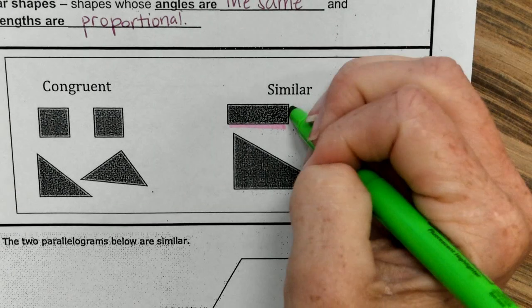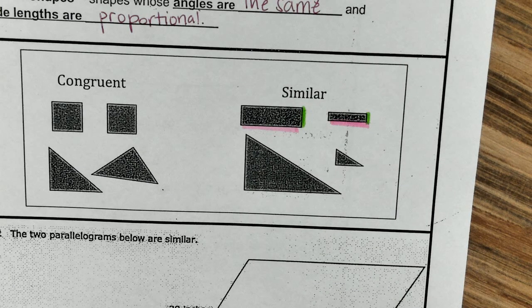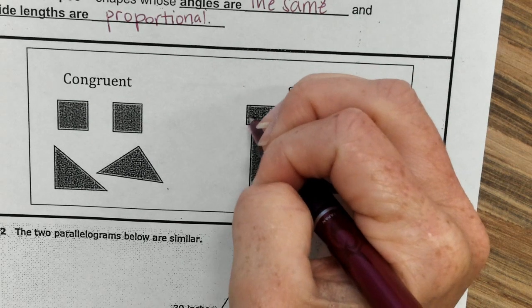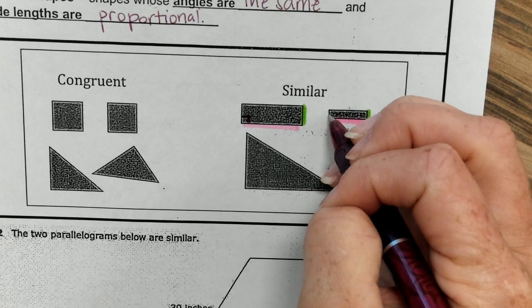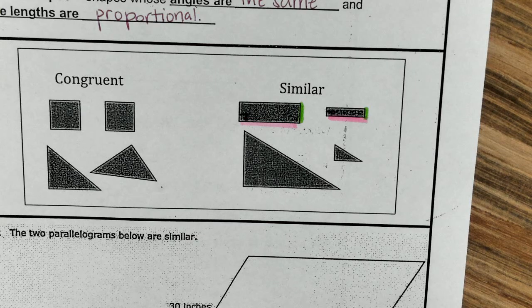And this side corresponds with this side. Notice that their angles are what? They're the exact same. If you change the angles, then the shape changes. This angle right here is a 90-degree angle. Therefore, this angle is also a 90-degree angle. So when you have similar figures, their angles have to stay congruent, but their side lengths are just proportional.